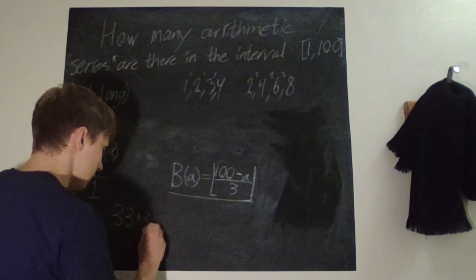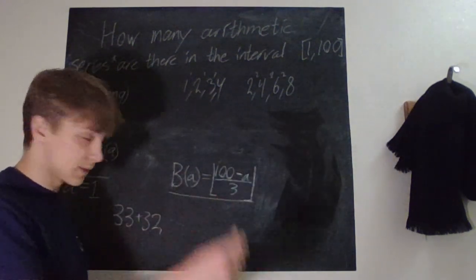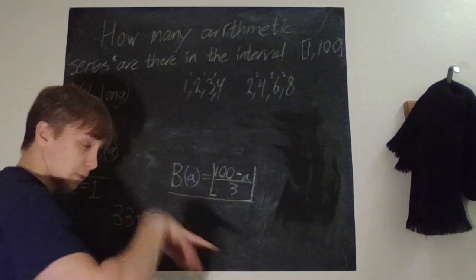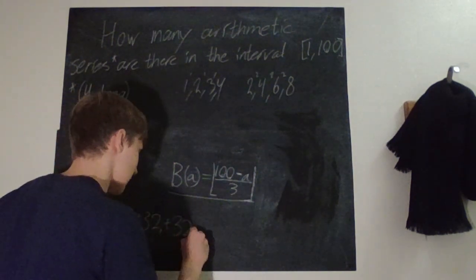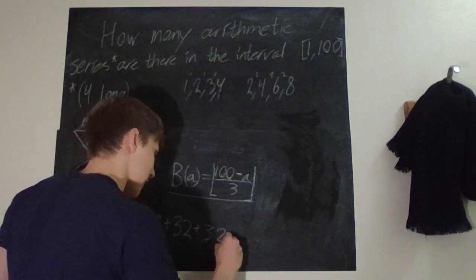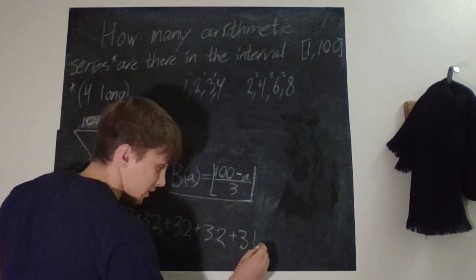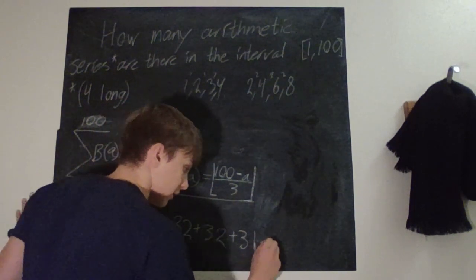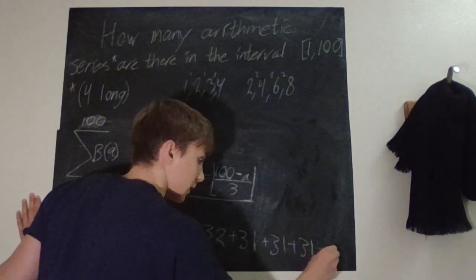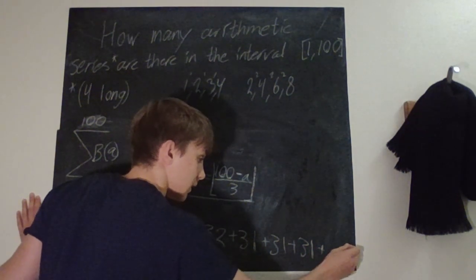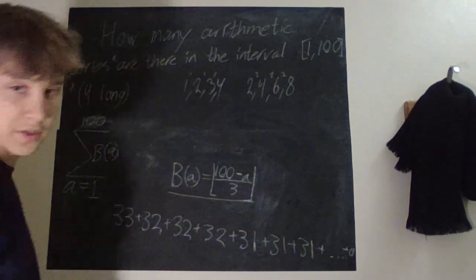Then we get 32.3 continuing, and the floor function makes it 32. And then after that, we actually get 32. And then the pattern repeats. So then we have 31 and 2/3, which just makes it 31. And then 31, and then we actually get 31. And this continues all the way down to 0. And 3 zeros, of course.